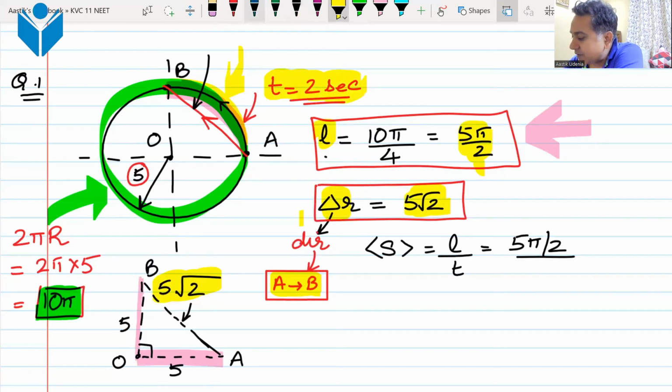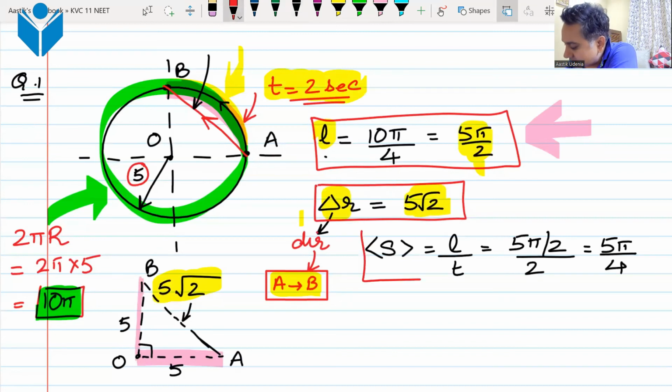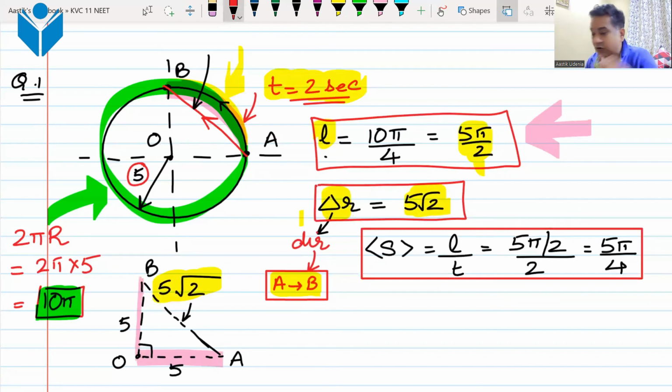So 5 pi by 2 divided by 2, my average speed will be 5 pi by 4 meter per second. Total distance divided by total time. Are you following me? Yes or no?